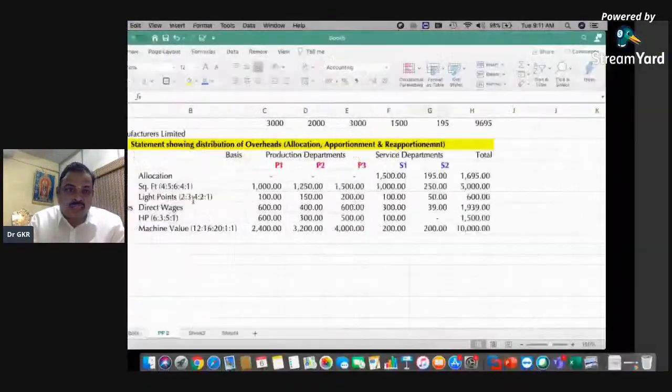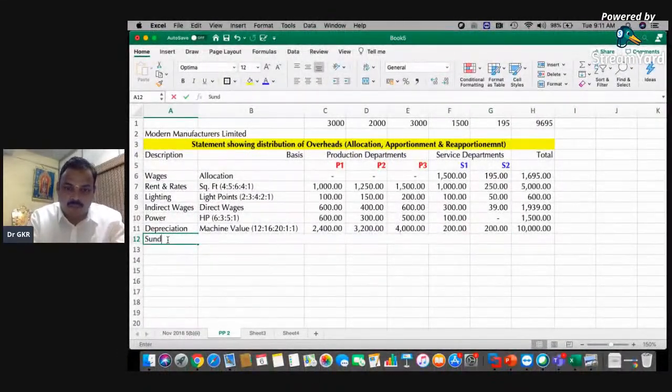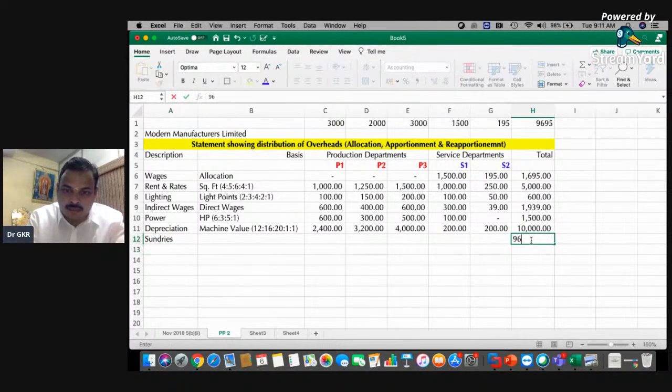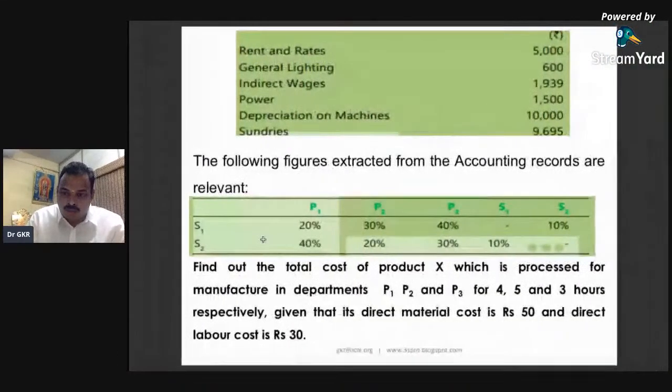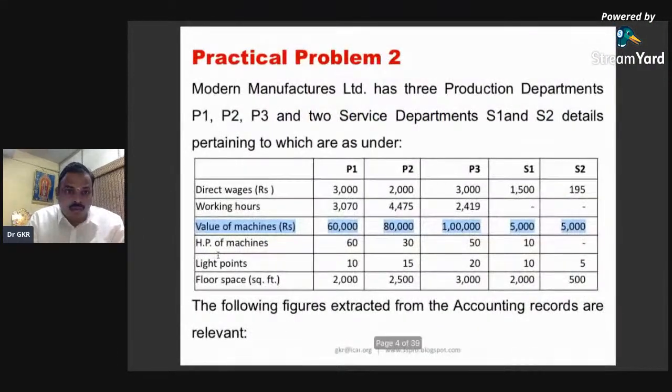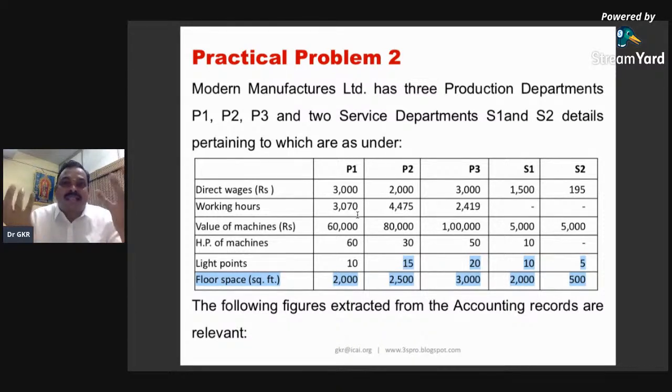Now sundries, 9695. Sundries is 9695. Good. So how do you distribute the sundries? Actually, you can do it in any method. Maybe floor space also you can do. But sundries is like generally some unskilled people will make some expenditure. So better do it on direct wages rather than on any other basis.